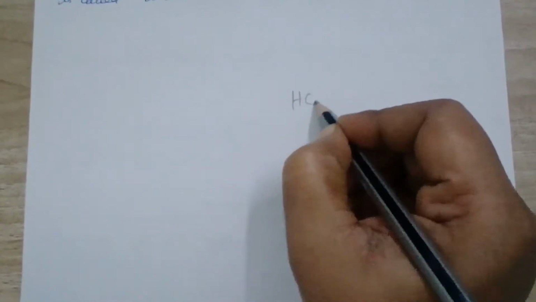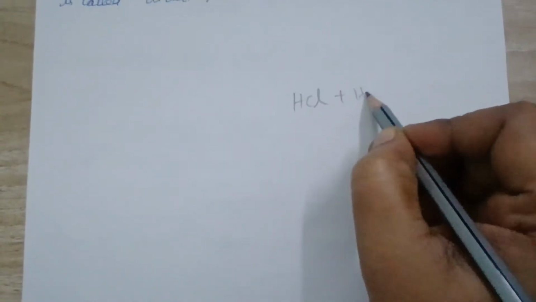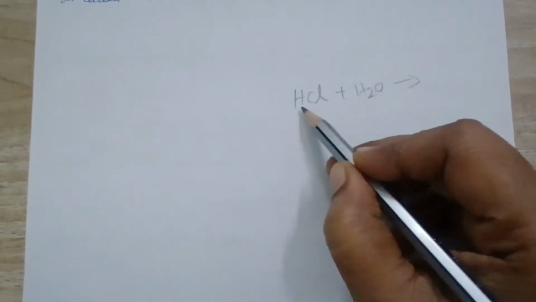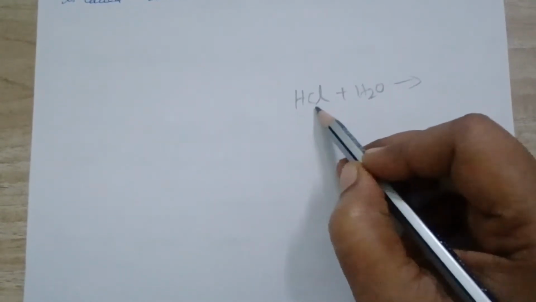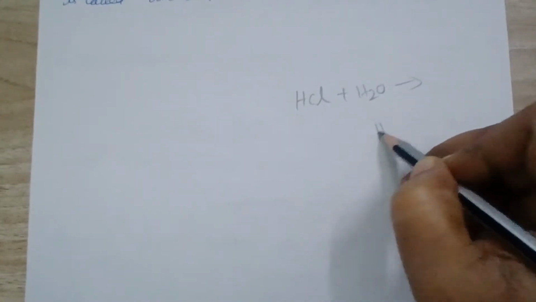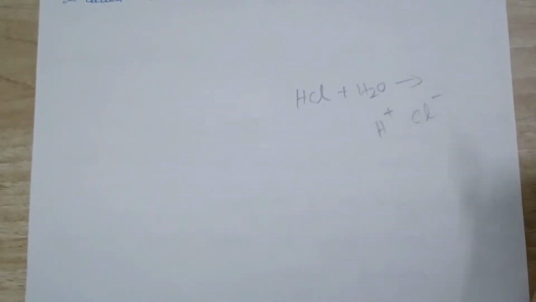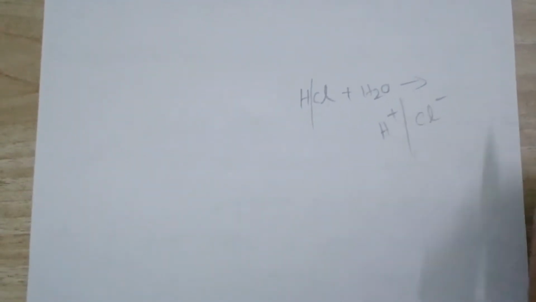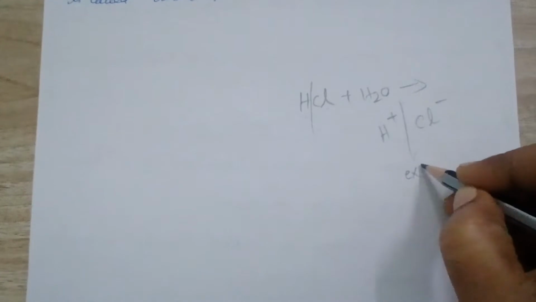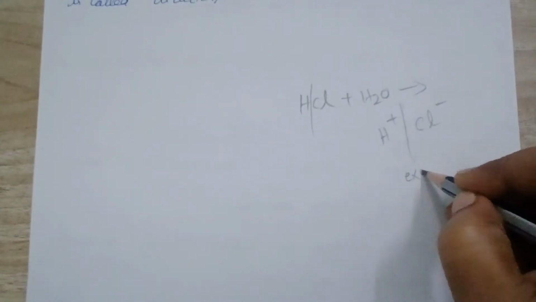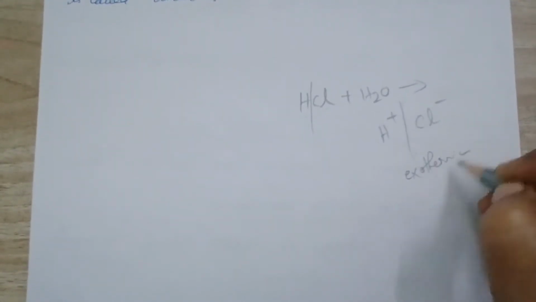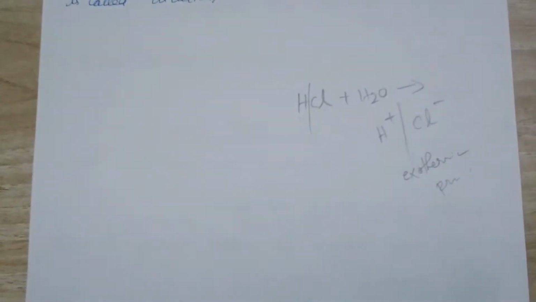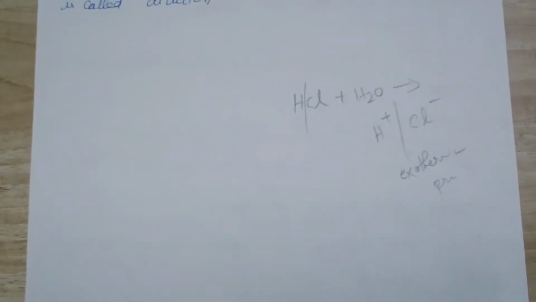For example, when HCl is added to water, it breaks the bond between H and Cl, so it ionizes to form H plus and Cl minus ions. Once the bond breaks, a lot of energy will be released. That is an exothermic process, right? A lot of energy will be released.